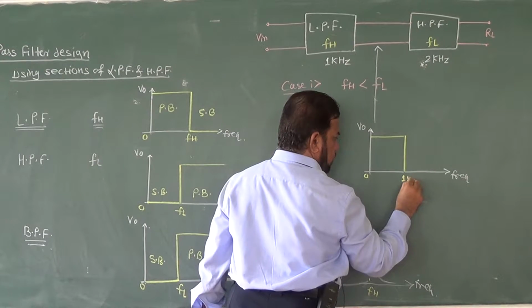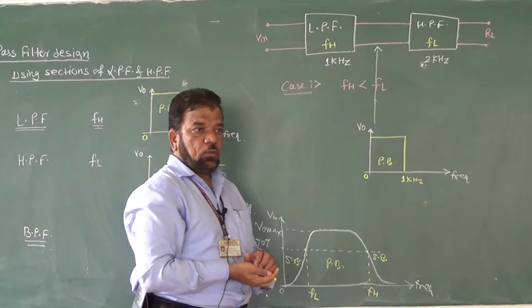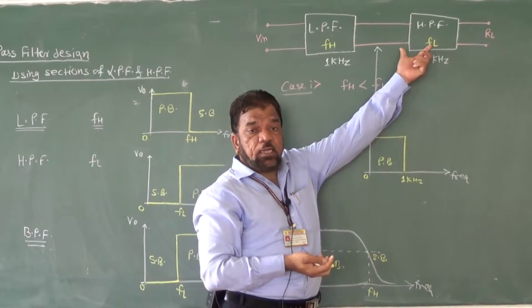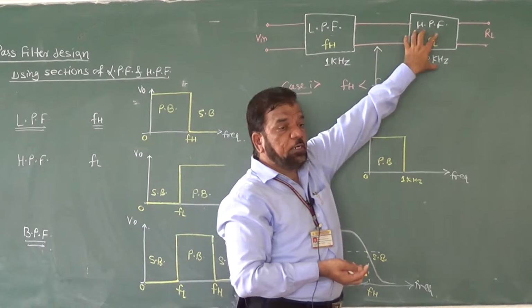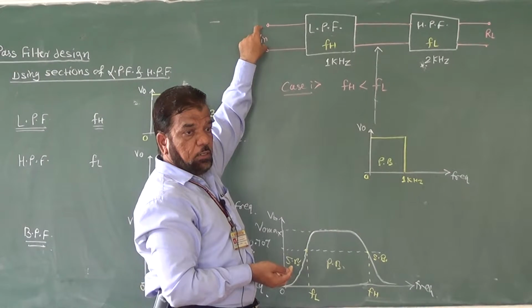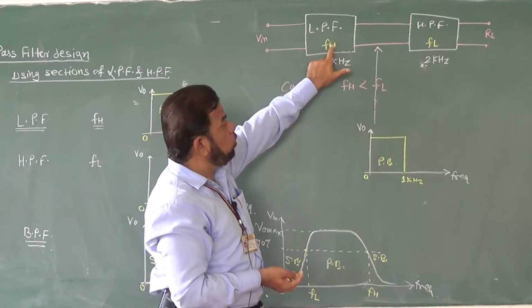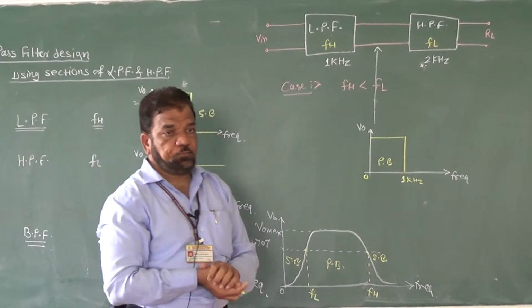This is your 1 kilohertz point, and this is your pass band. The high pass filter is connected after the low pass filter, so for this high pass filter, Vin is not the input available, but the output of the low pass filter is the input for the high pass filter.